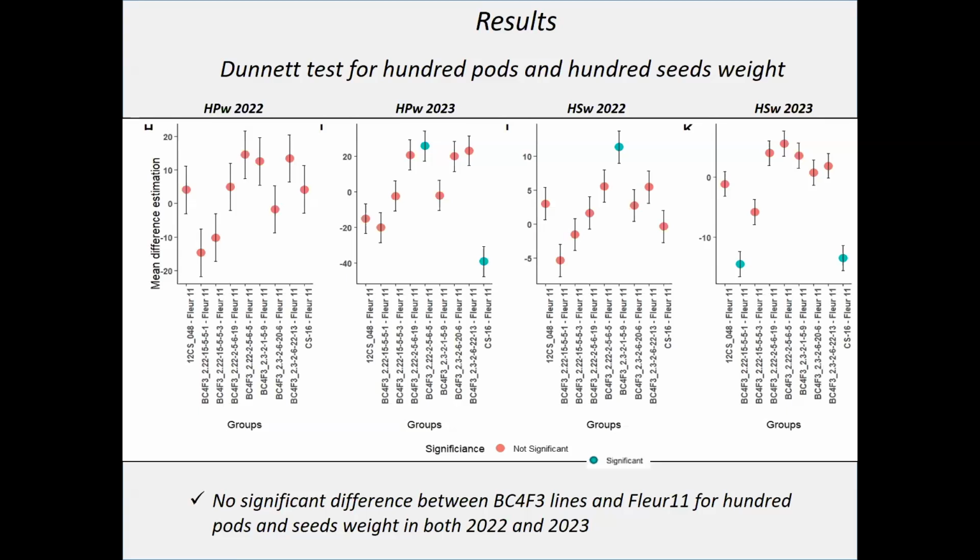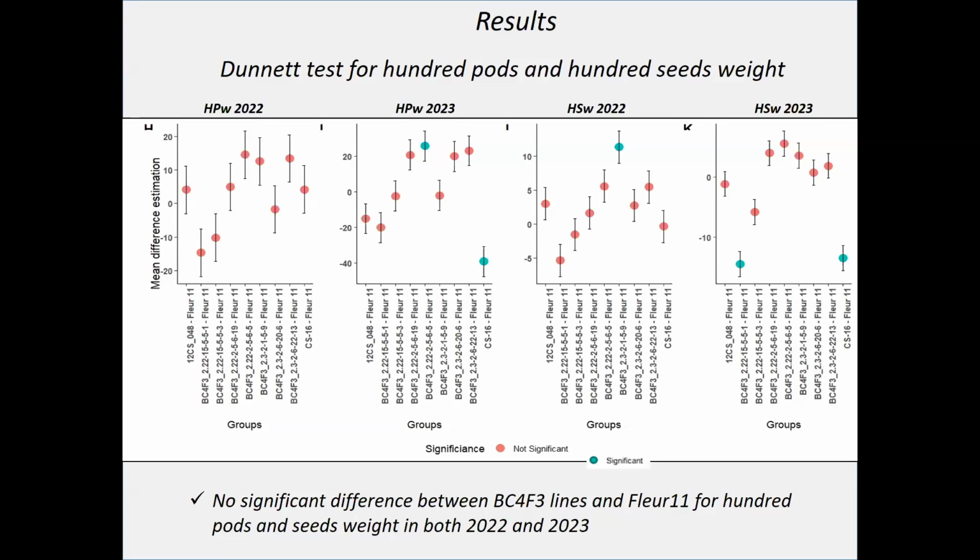But in terms of productivity, these lines are similar to flower 11. So they conserve the potential of flower 11 for agronomic performance, and they are better than flower 11 for disease resistance.